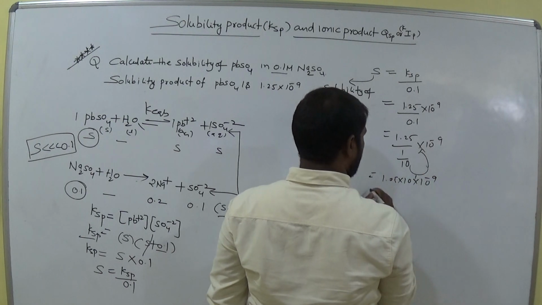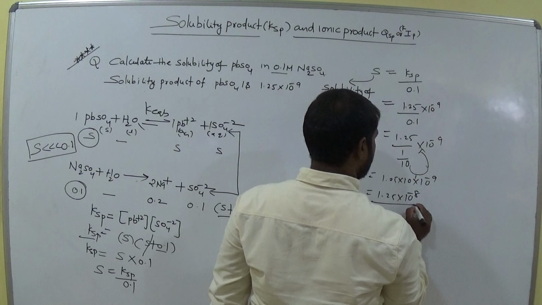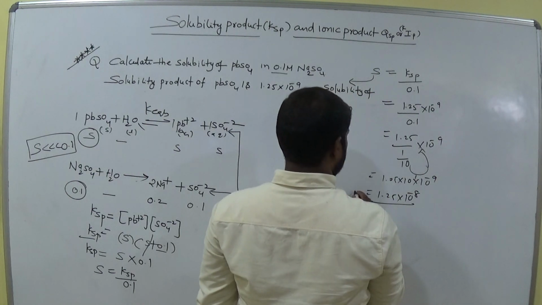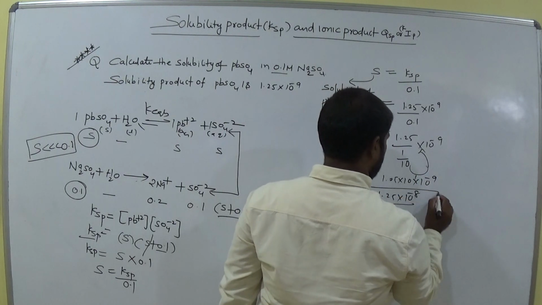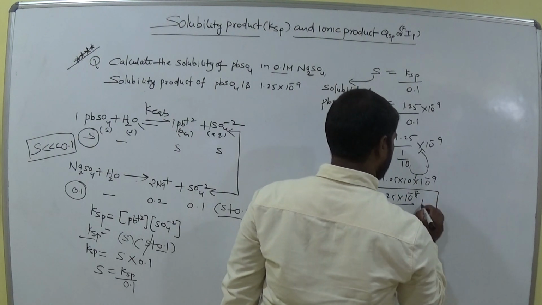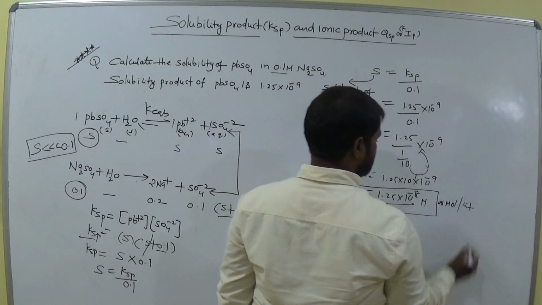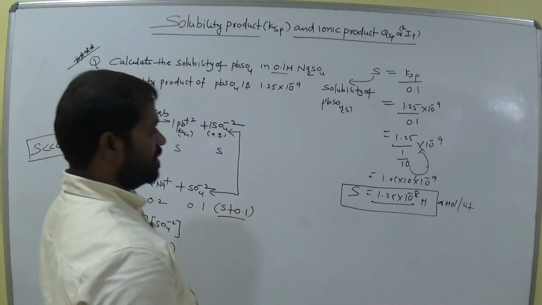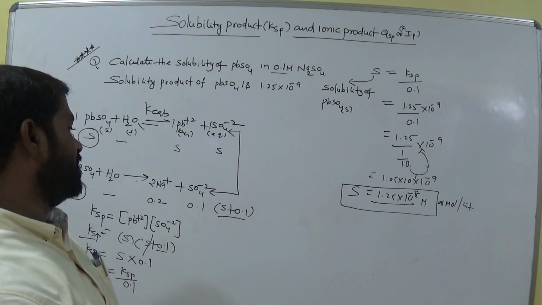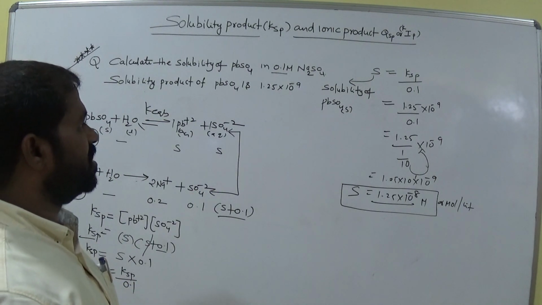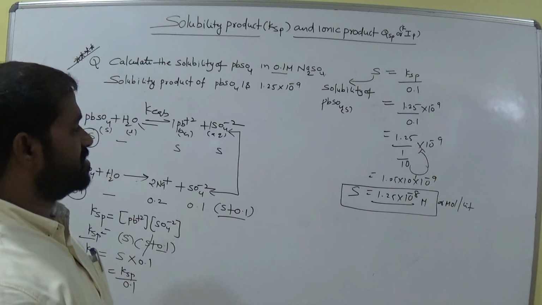This is 10 power 1. So 1.25 into 10 power minus 8. This is S. Solubility, what is the unit? M or mole per liter. Is it clear? 1.25 into 10 power minus 8 is the solubility of the given lead sulfate in sodium sulfate.